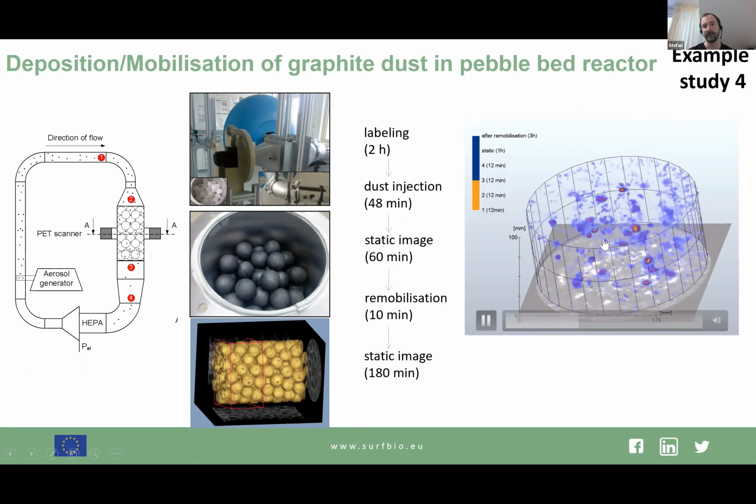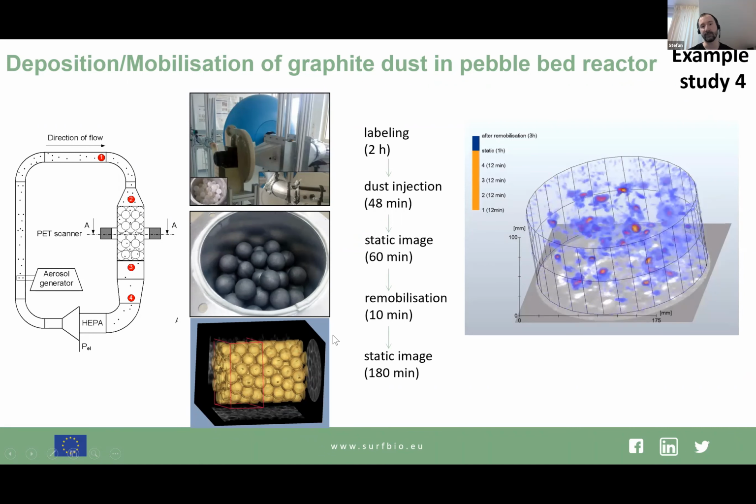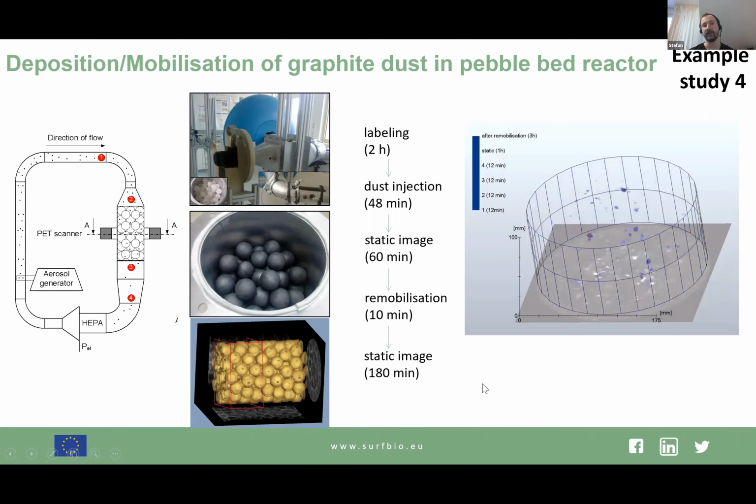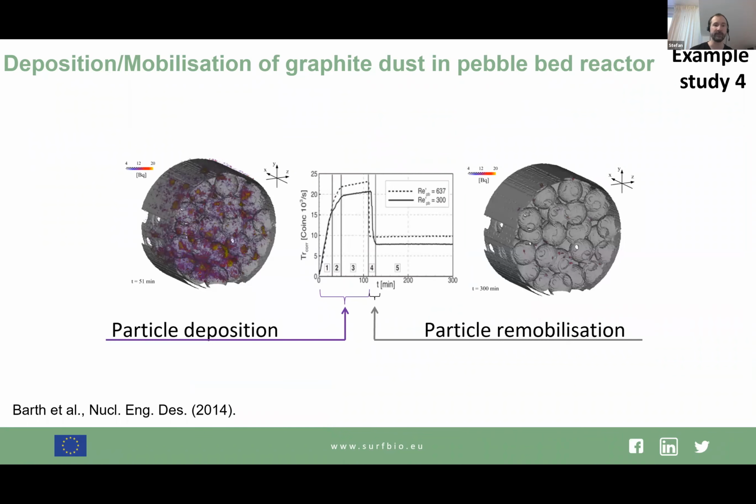And here you can see the evolution over time, how they deposit on the pebbles, and how they are also purged from the pebbles. Basically, we saw particle deposition at lower flow rates. And if you suddenly increase the flow speed, then you get a particle remobilization, not total remobilization.